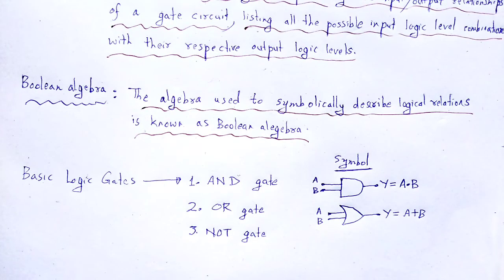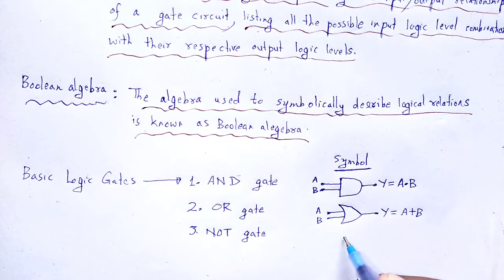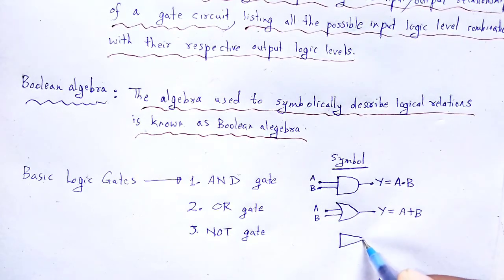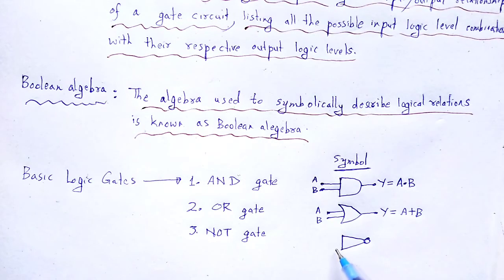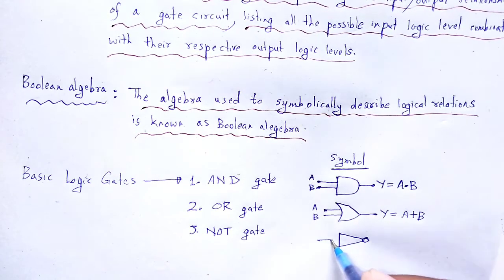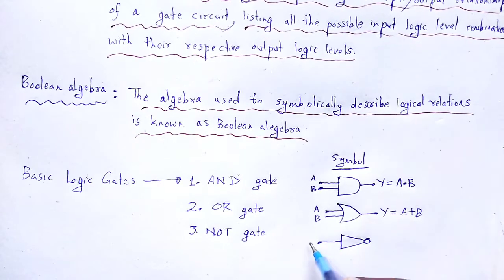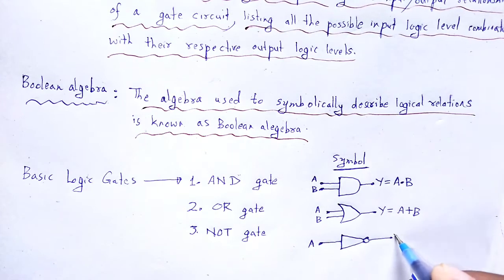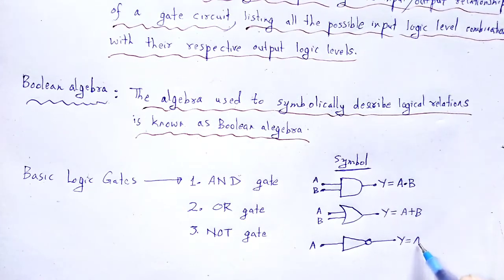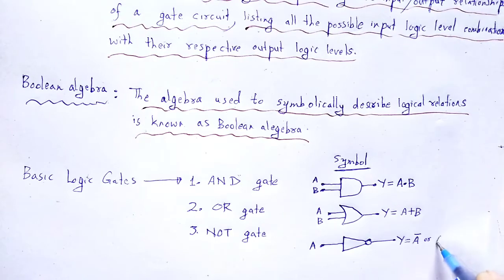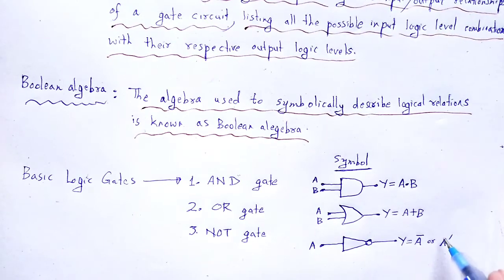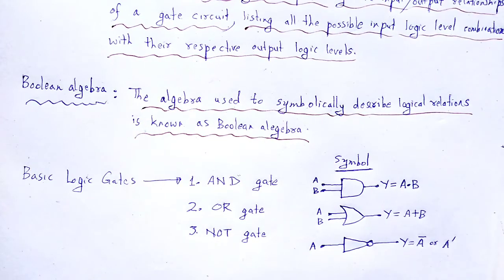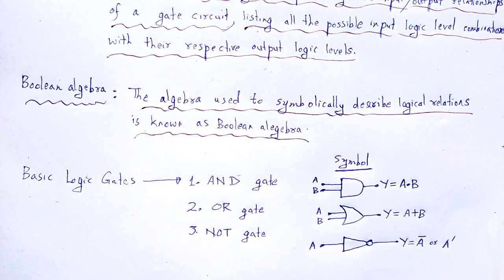Next, for the NOT gate, it has one input and the output Y is equal to A bar or A prime. Bar or prime is the symbol that represents it in Boolean algebra. These three are the basic logic gates.